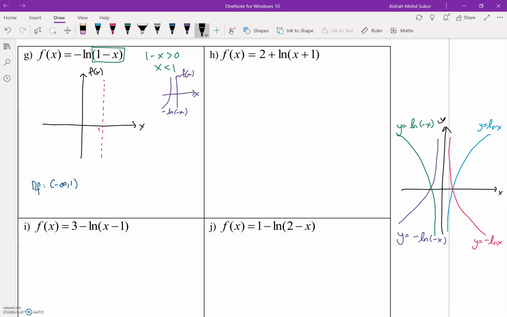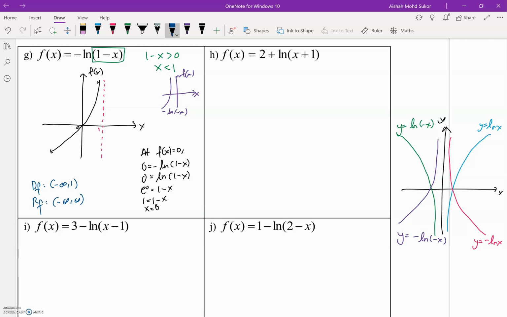Now we try to find the intersection at f(x) equal to 0, negative ln(1 minus x). So 0 equals ln(1 minus x), e^0 will be equal to 1 minus x, so x will be equal to 0. So this graph will intersect at 0. Therefore, this is our graph, and the range will be negative infinity to infinity.